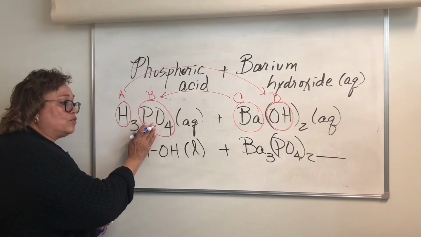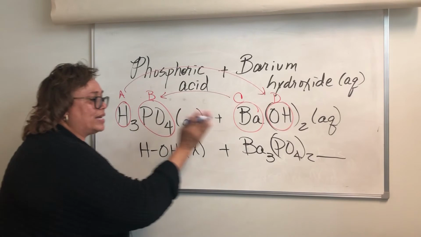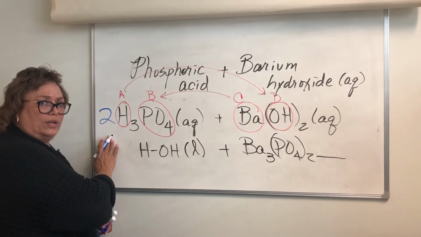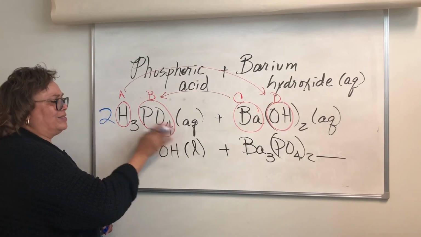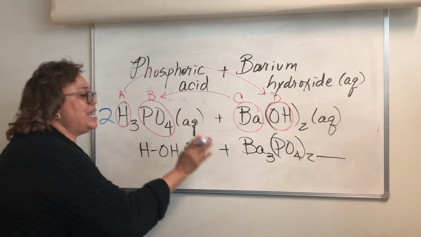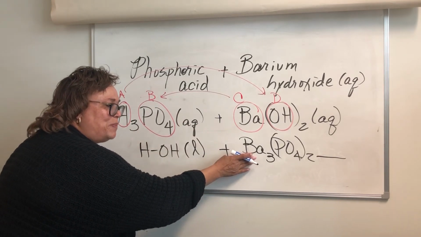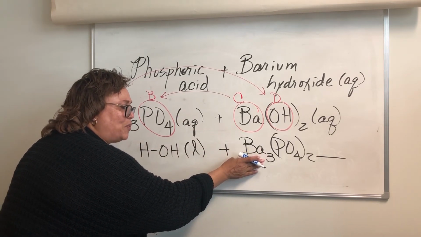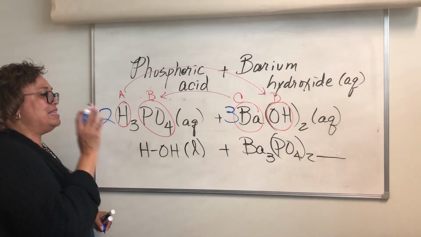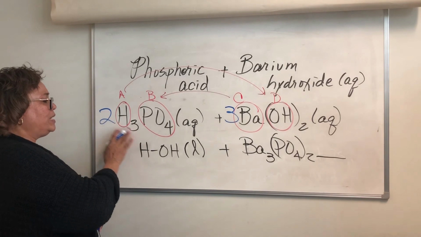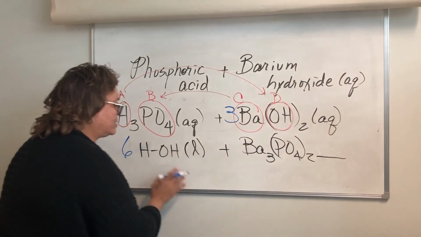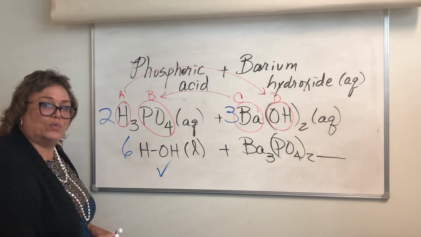So when you look at your phosphate, 1 phosphate on the reactant side, 2 on the product side. So I immediately put a 2 here. I cannot put it behind that because then you're playing God. And if you are God, I need to talk to you. The next thing, let's talk about this barium ion. I have 3 on the product side. I better put a big 3 there to balance that off. Then, oh my goodness, how many hydrogens do I have? 6. How many do I have over here for hydroxide? 6. We've checked. We have not wrecked.